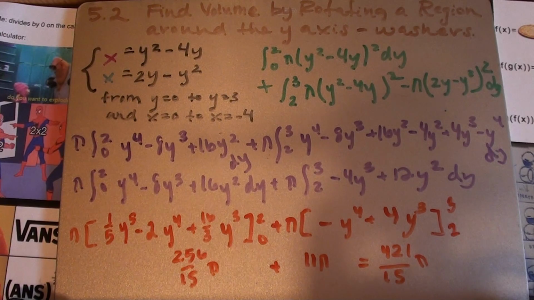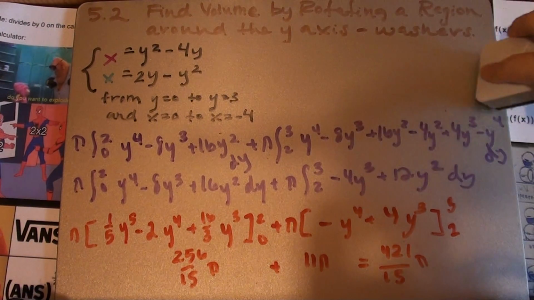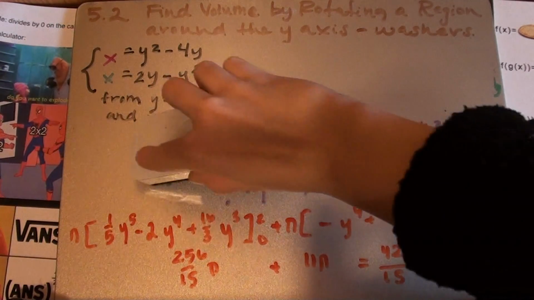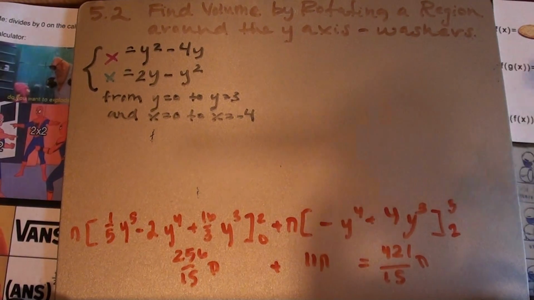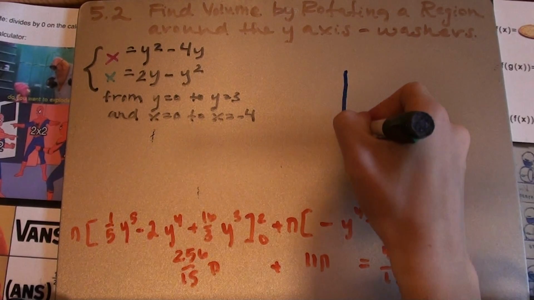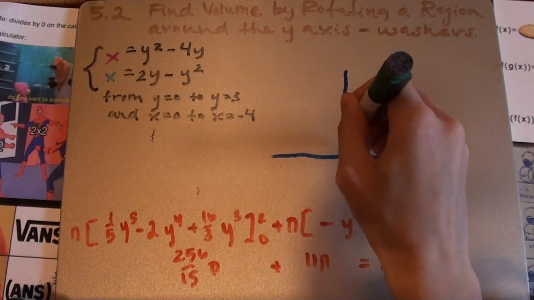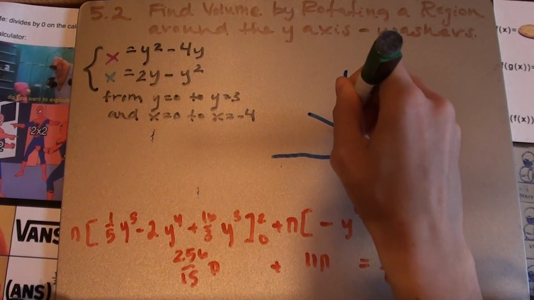So that tells us our region. If you think back to what we had drawn for our beautiful graph, right? I'm just going to erase all of this. Goodbye. So if you think back to our graph, once again, that tells us our region. When we rotate our region, that's determined by our function here.